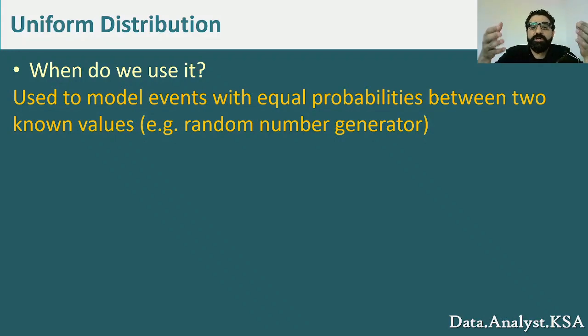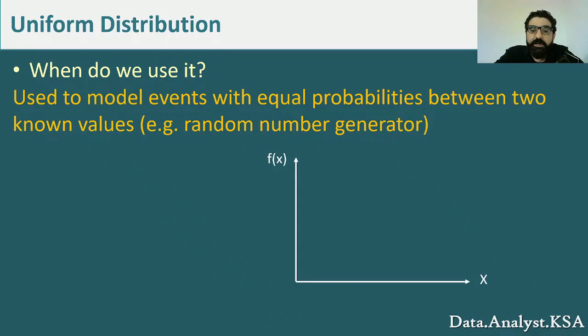If you want to generate a random number between 0 and 1, for example, you want your device to generate 0.95 or 0.9675, you would use something like a uniform distribution. You don't want to give any more preference to any number. So you want everyone to have the same equal probability. And for this, you would use a random number generator.